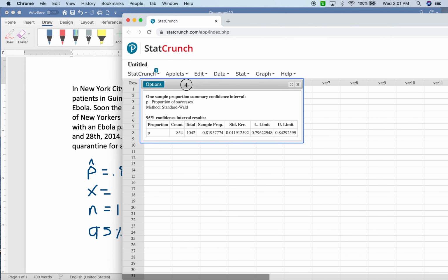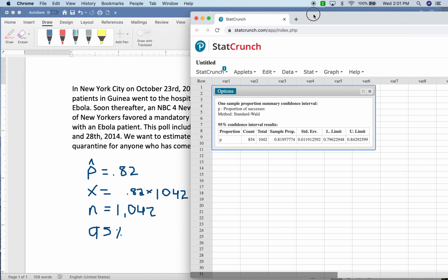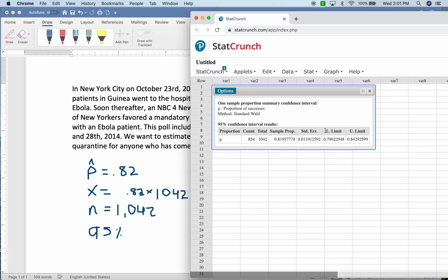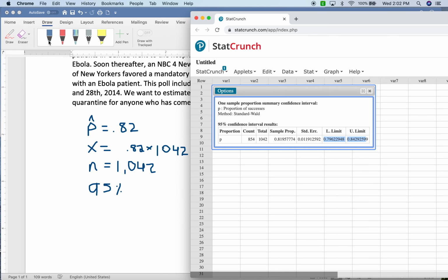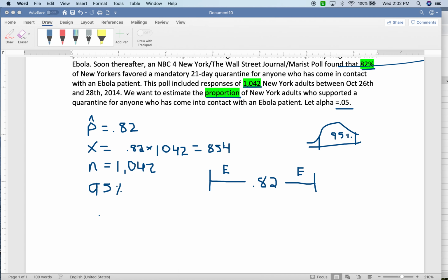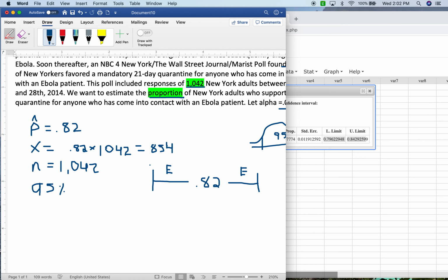This gives us our confidence interval from 0.796 to 0.843. So our confidence interval, I'll write down, is 0.796 to 0.843.